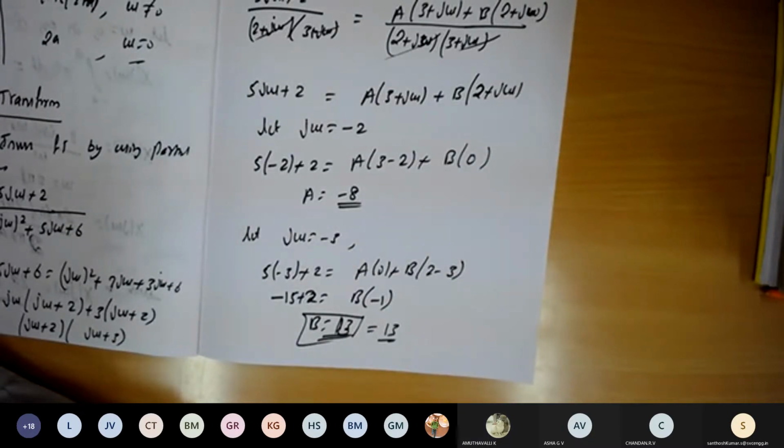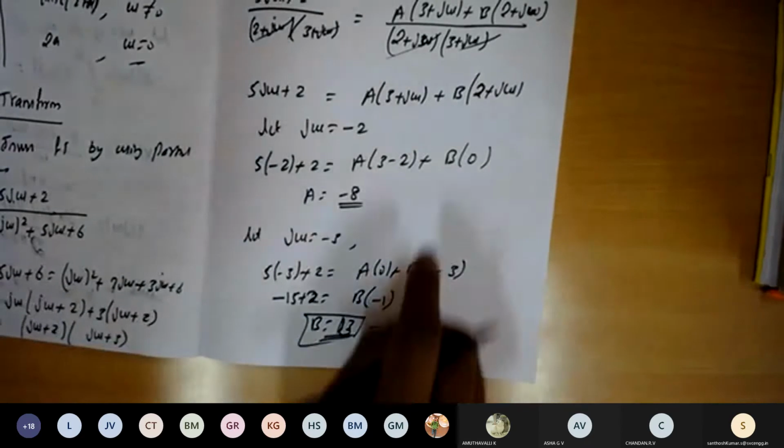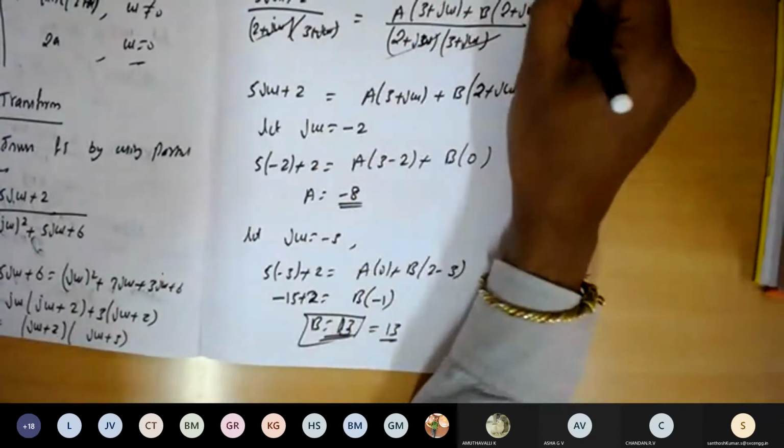Okay, so now we'll substitute the values of a and b in this expression, which we call equation number 1.